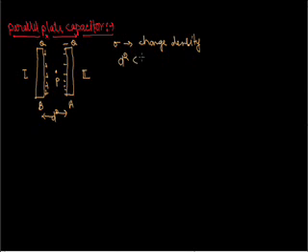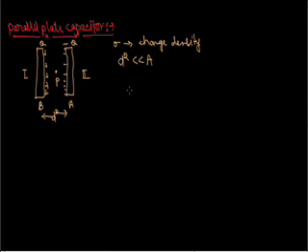Here the charge density is sigma, and the distance between the plates is D, where D squared is less than A squared.